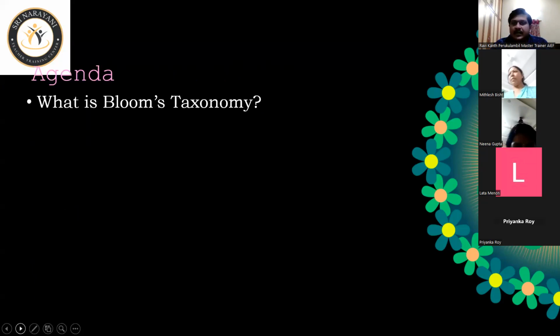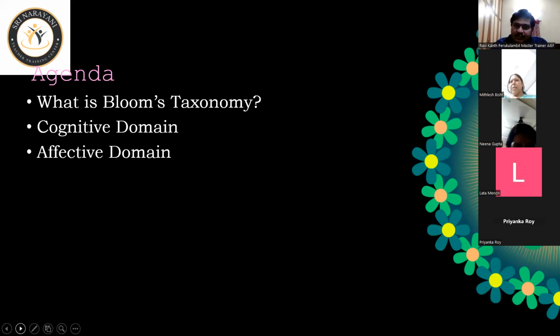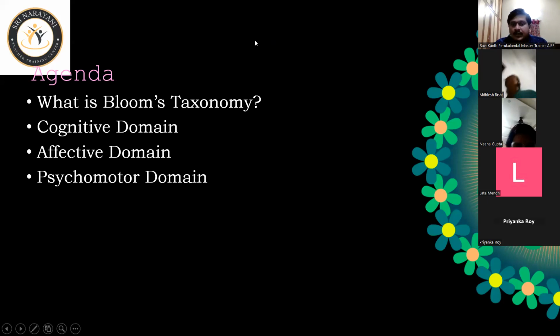So today's agenda is, first, what is Bloom's taxonomy. Then we'll be exploring the cognitive domain, which we all know as teachers. We use the cognitive domain of Bloom's taxonomy a lot in our day-to-day classroom transaction as well as during the exams. And then we'll be looking into the affective domain.